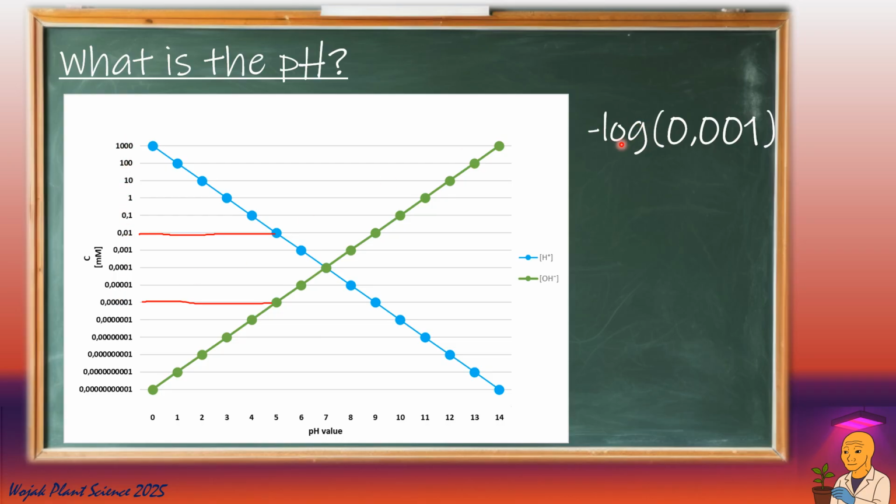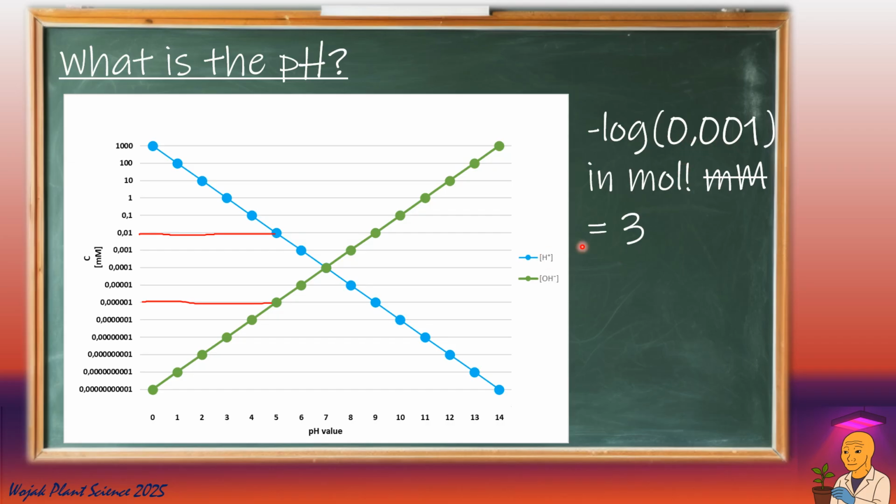So if you type in, for example, a concentration of H plus in mole, not millimole, then you get 3. So this is 1 millimole, I think. Is it 1 millimole? Yes, it's 1 millimole, 0.001 mole.